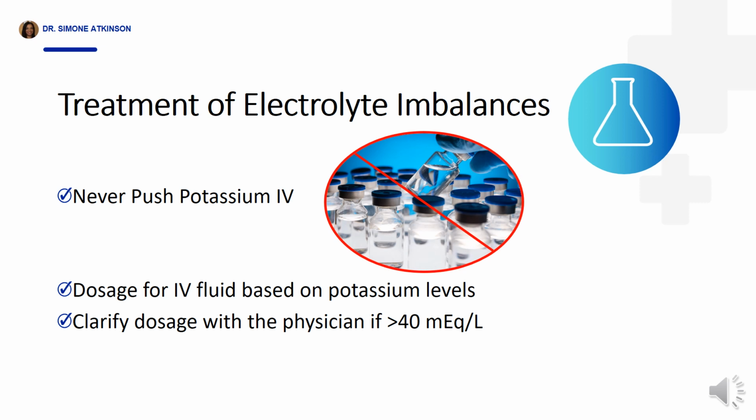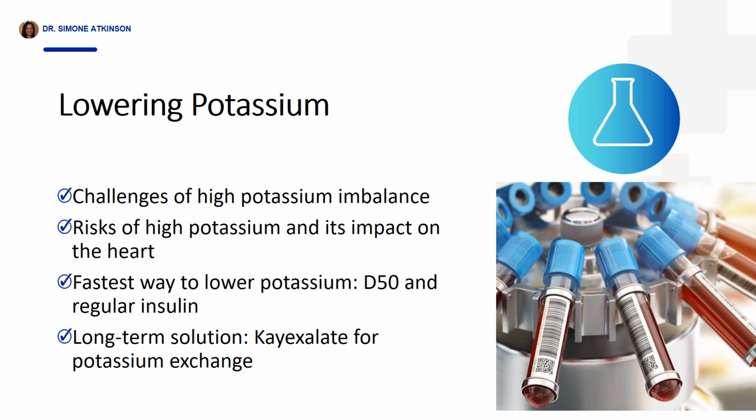So never ever push potassium IV, and it should always be hung on a pump so that you can control the administration of the potassium. With elevated potassium levels, we know that we can have severe consequences on the heart's function.